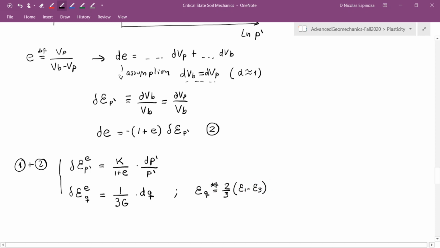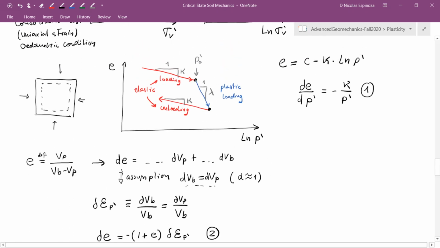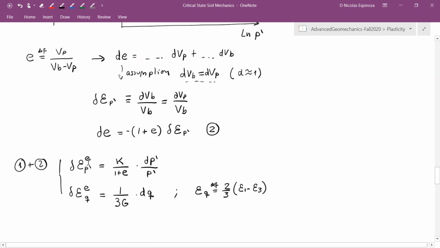All right, so far we have used the compaction curve. We have used just the elastic part in order to calculate the elastic volumetric strain, and we also use the shear modulus in order to tell what is going to be the elastic deviatoric strain.